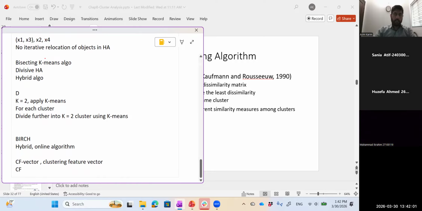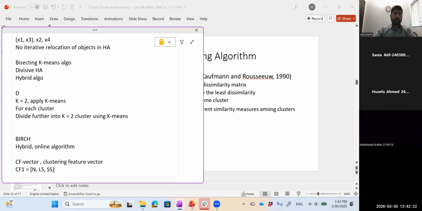So the CF vector, let's say of a cluster, is a vector of three things: N, the number of objects in the cluster, the linear sum of all the objects in the cluster, and the squared sum of all objects in the cluster. ये तीन चीजें हमने हर cluster की compute करनी है, and then we can make decisions based on these alone.